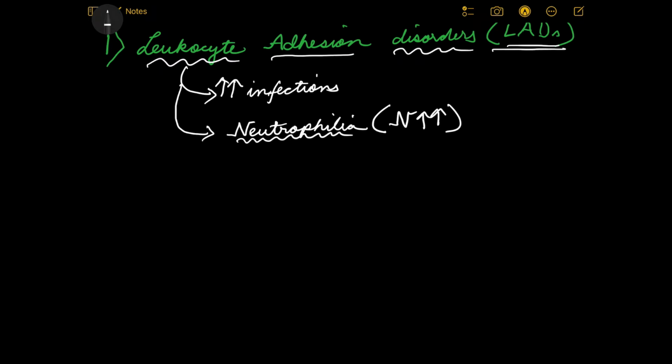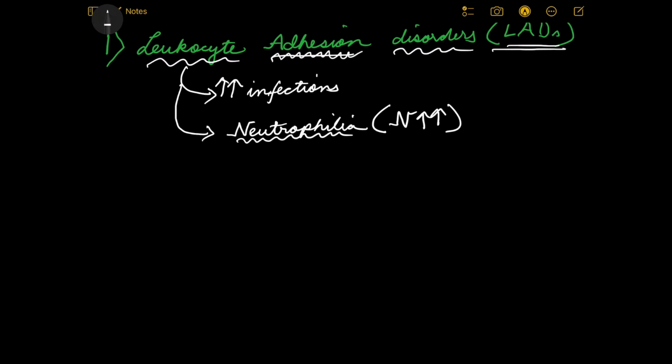The reason is, since you have a problem with adhesion, the neutrophils would have a problem transmigrating to the offending agents which are present outside the blood vessel. Because remember what adhesion was all about?